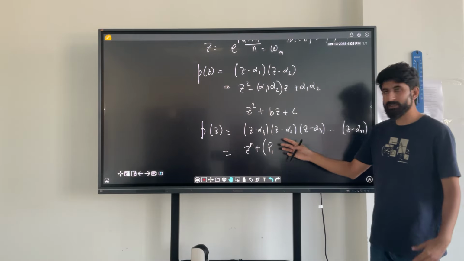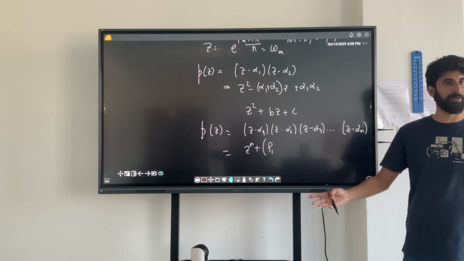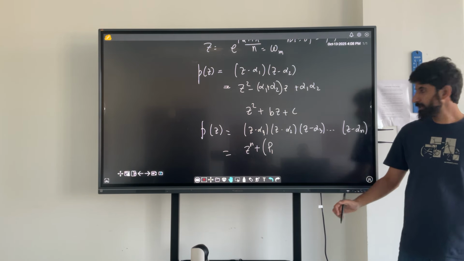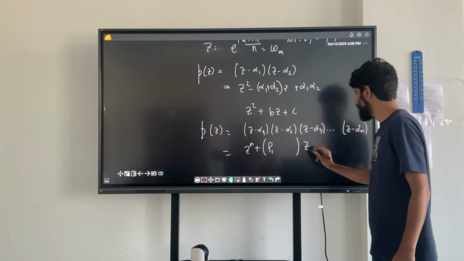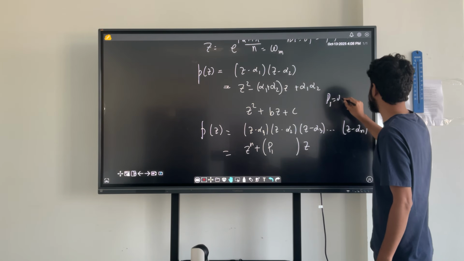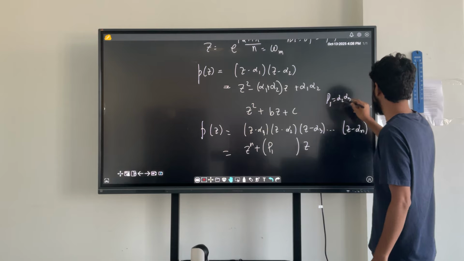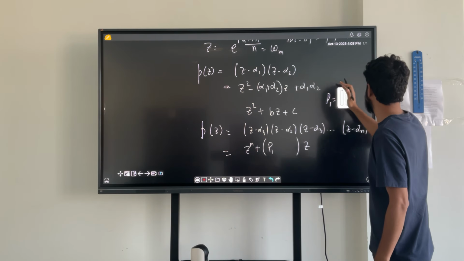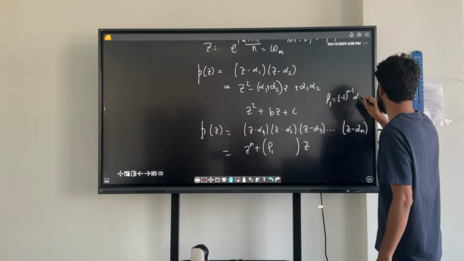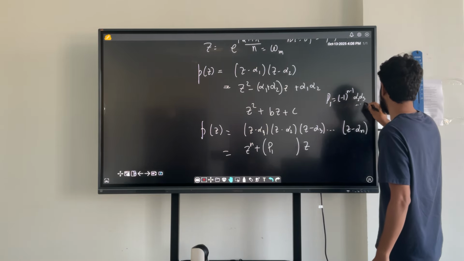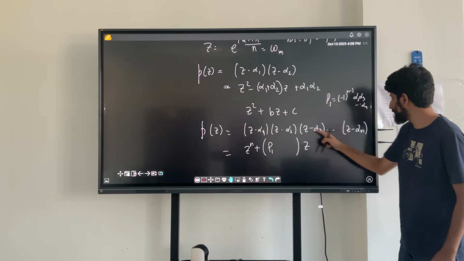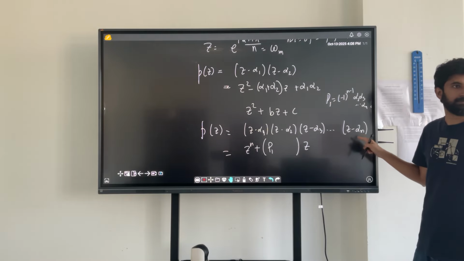This is the product of all except one. Now, is there any other choice? Is this the only possible choice? No. You just want Z. So P1 is basically alpha 2, alpha 3. Oh, there is a minus sign, right? This is minus 1 to the power n minus 1, alpha 2, alpha 3, so on up to alpha n. Do you agree that P1 should be this? Because minus, n minus 1 times.